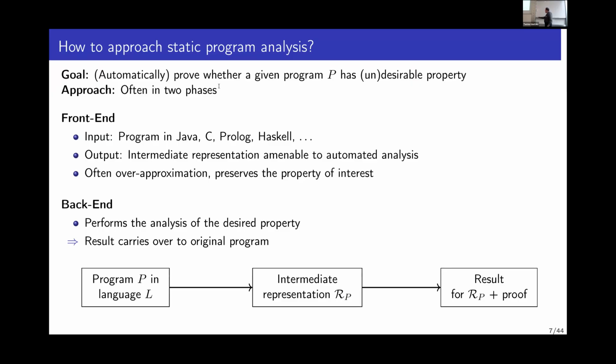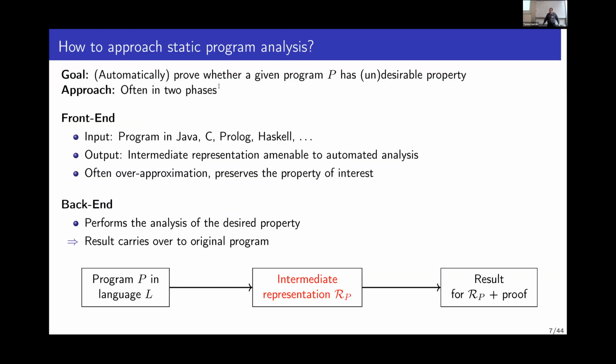So in other words, we start with a program in some programming language L. From that program, the front end generates an intermediate representation. Let's call it RP. And the back end will then tell us the result for RP plus a proof for that result that ideally can be checked separately.